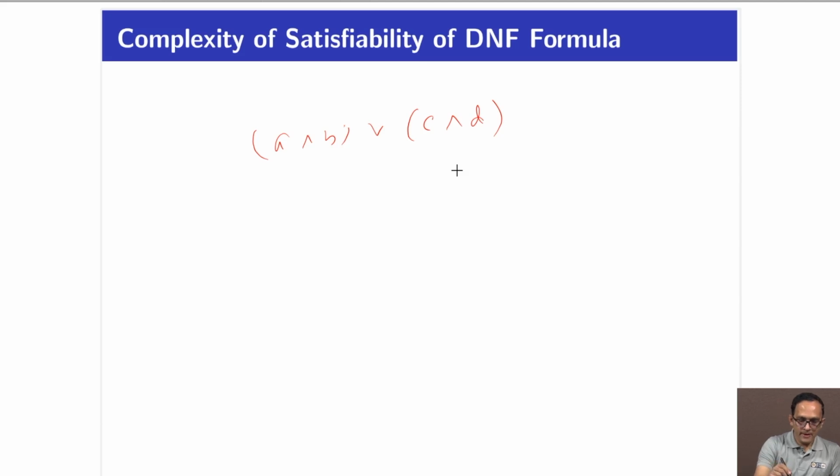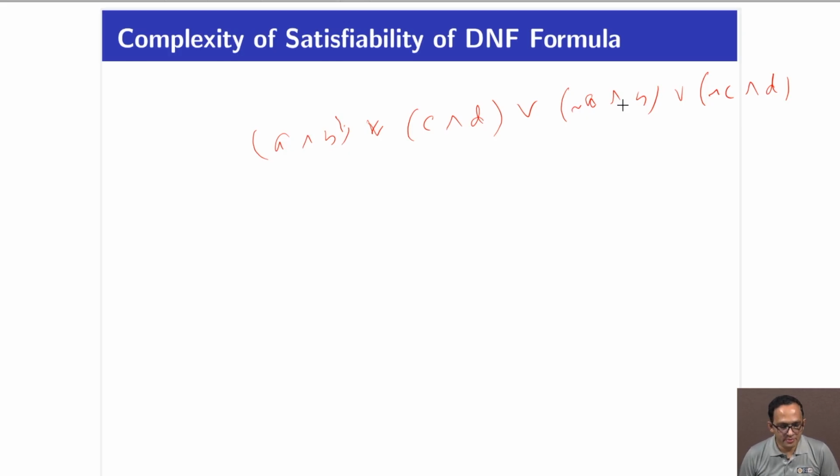To check whether the formula is satisfiable, because you have OR in between, say not A and B, or not C and D, and so on.